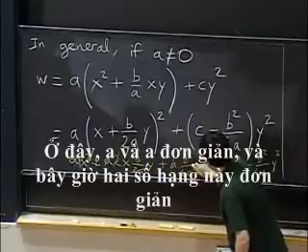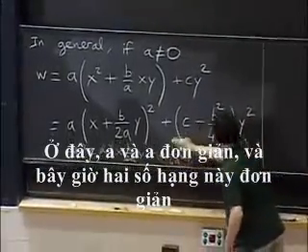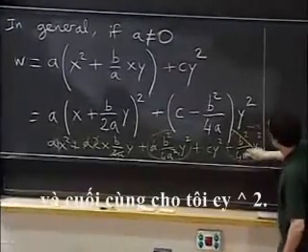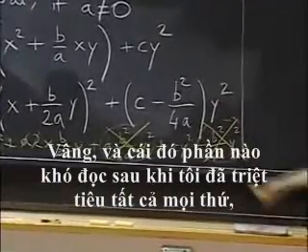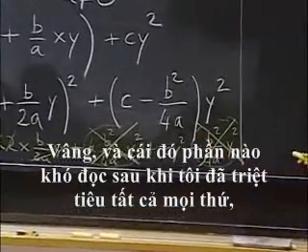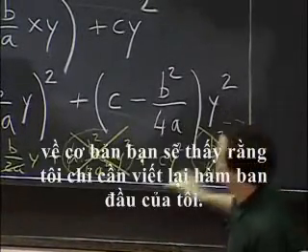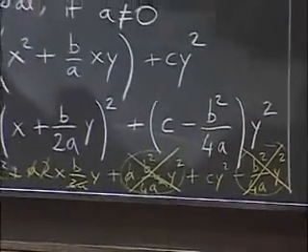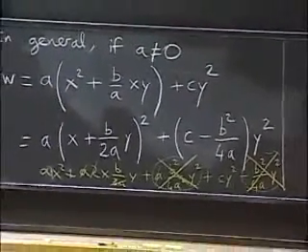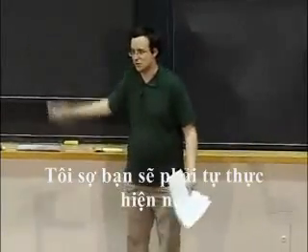Here the a and the a simplify, and now these two terms simplify and give me just cy squared in the end. Okay, and that's kind of unreadable after I've cancelled everything, but if you follow it, you see that basically I've just rewritten my initial function. Is that kind of okay? Otherwise there's just no substitute, you'll have to do it yourself, I'm afraid.